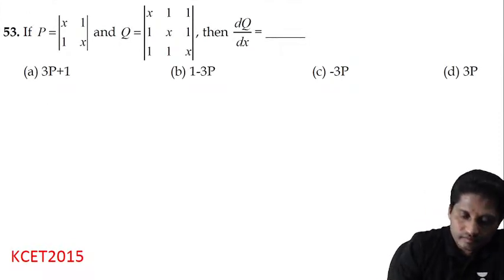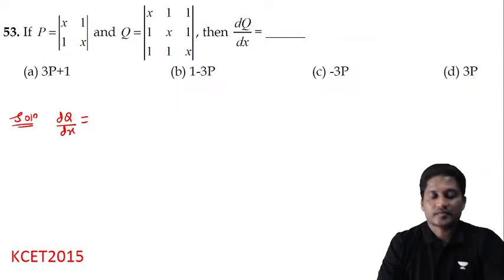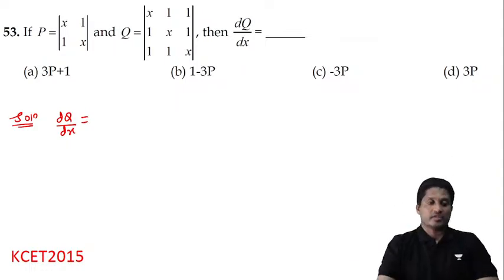Now I should find out dq by dx in terms of p. If I differentiate a determinant, dq by dx is equal to, okay, differentiate the first row.